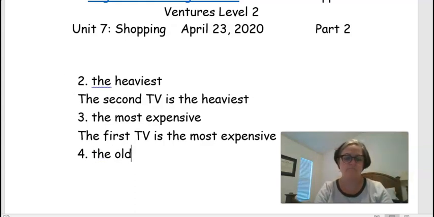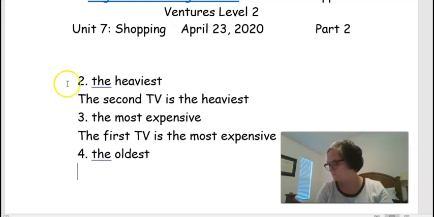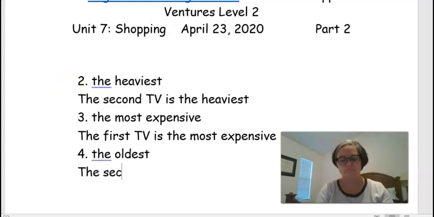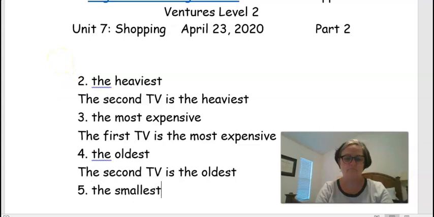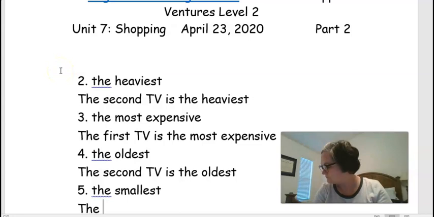Which TV is the oldest? The second TV is the oldest. 5. Which TV is the smallest? The third TV is the smallest.